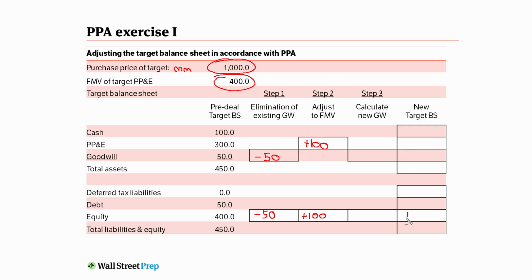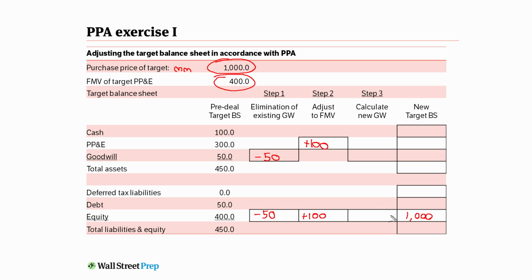The new target balance sheet, by definition, has a new equity value of whatever the purchase price was. Right? So if you bought the assets net of the liabilities of a company for $1 billion, the purchase price allocation exercise is this process of getting the new equity to reflect that new purchase price. And so you can actually just sort of back into this.